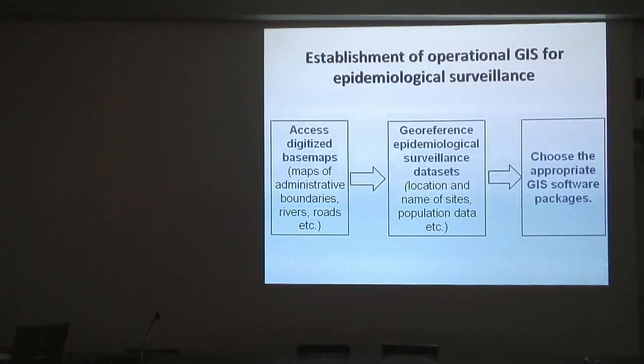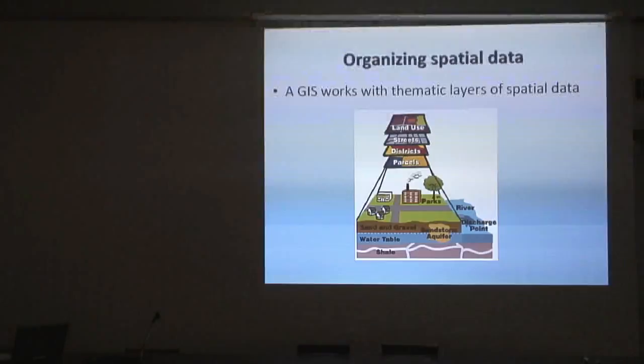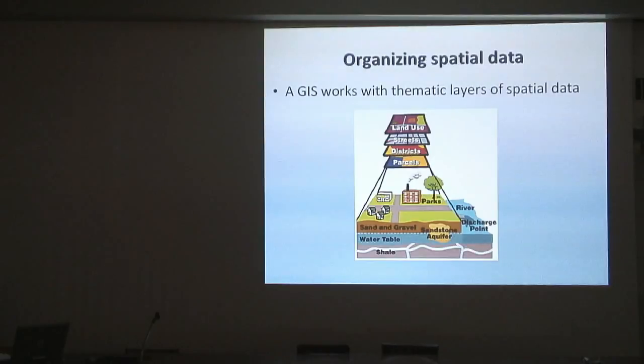On the next slides, I will try to explain this scheme. First of all, organizing spatial data. It's another broad figure. The GIS works with thematic layers of spatial data, and GIS contains information in layers.